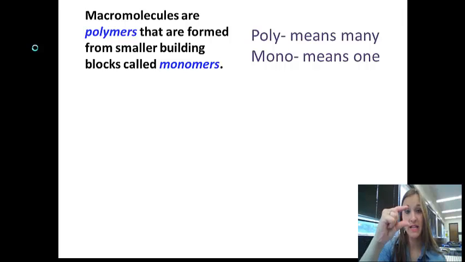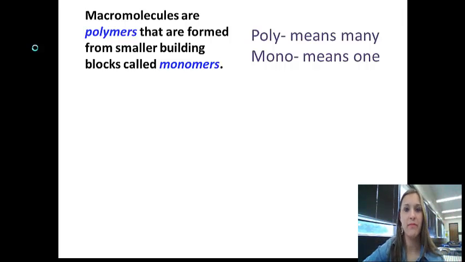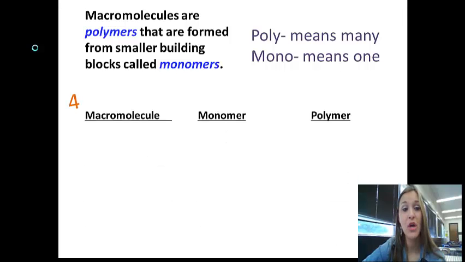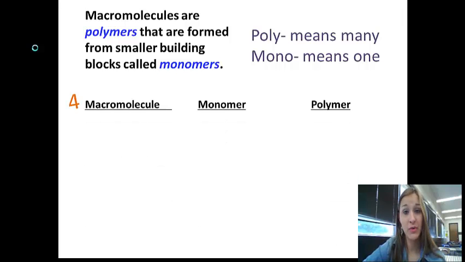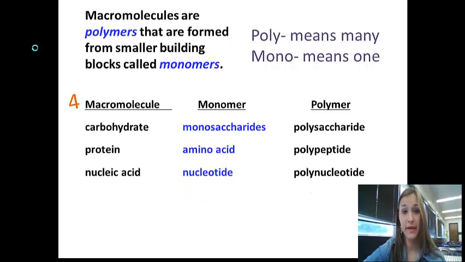But if I stack a Lego on a Lego on a Lego and I build this whole thing, I can build a car, I can build a house. So one Lego is a building block. It's just one monomer. And if I put a lot of Legos together, then I have a polymer. I have many of them together. So our 4 macromolecules that we're going to be learning are carbohydrates, proteins, nucleic acids, and lipids.